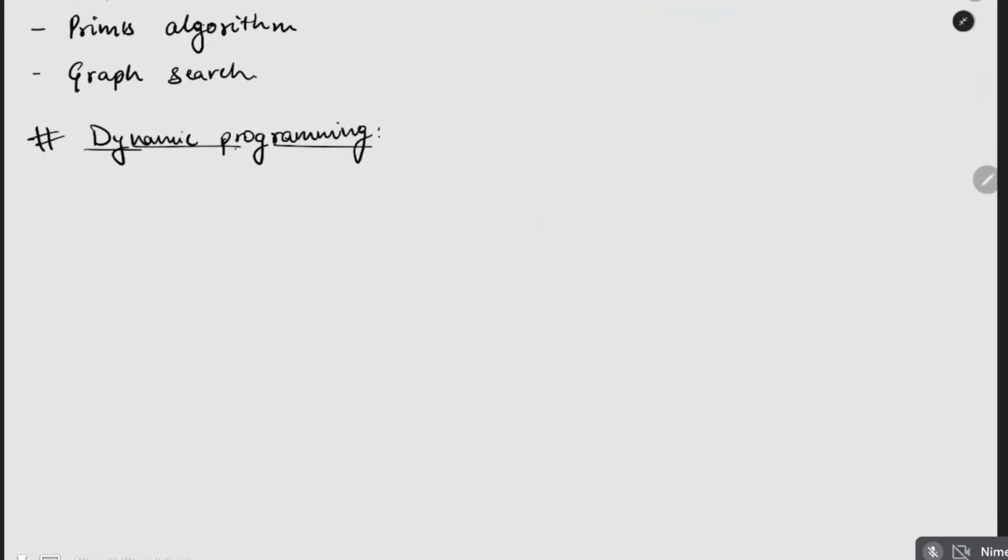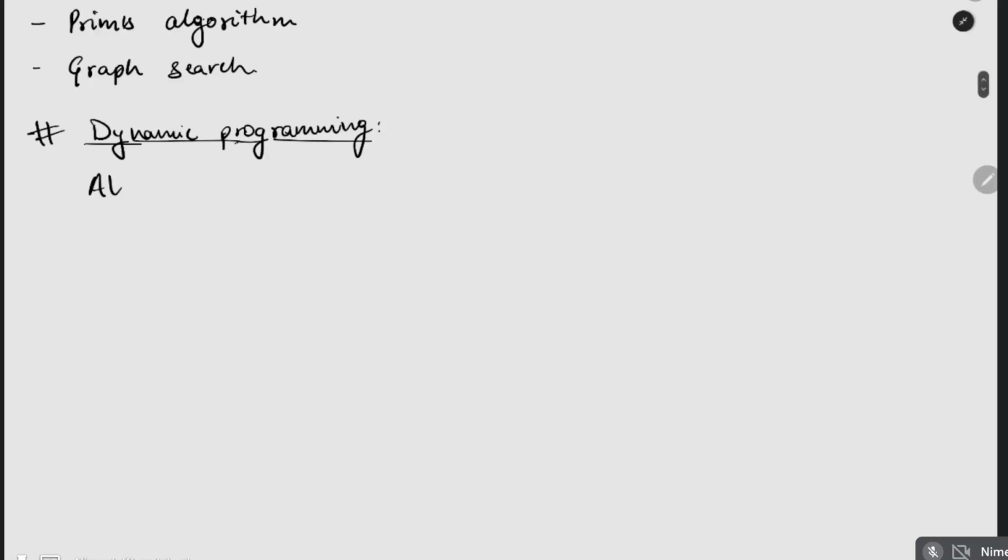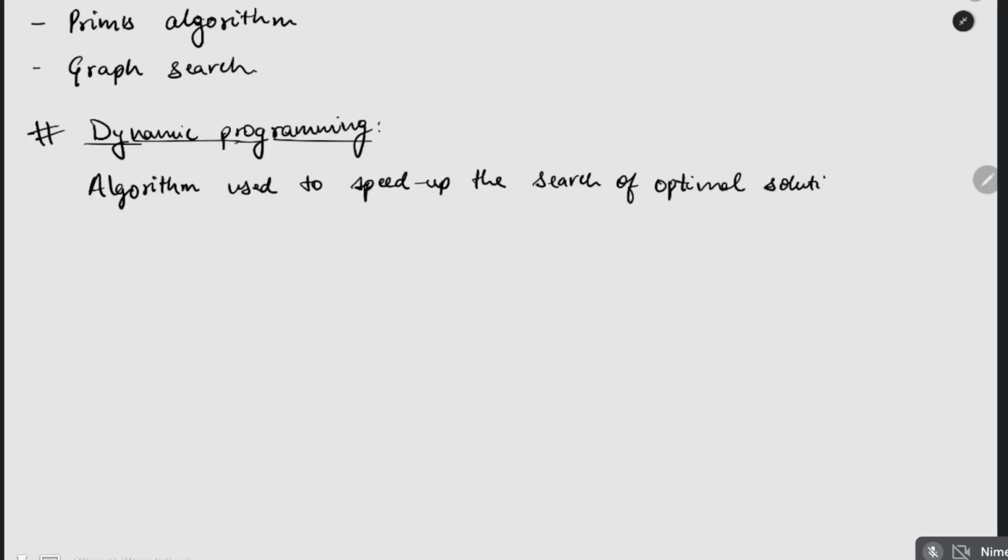So, what is dynamic programming? Dynamic programming is essentially an algorithm that is used to speed up the overall solution, speed up the search of the optimal solution, right?